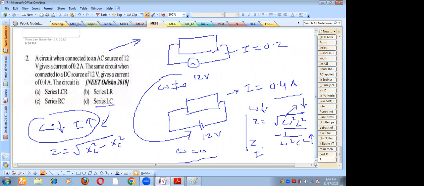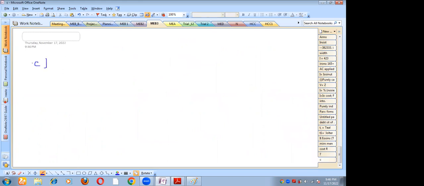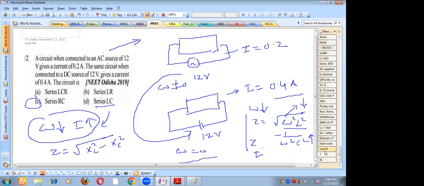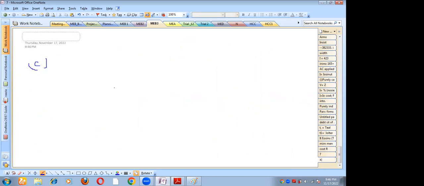Hold it here. We will see option C. Now I am going to option C, then we will discuss LC. So let us see the series RC circuit. What happens in an RC circuit?